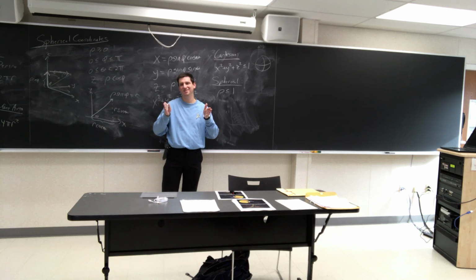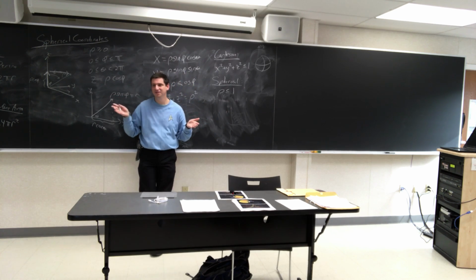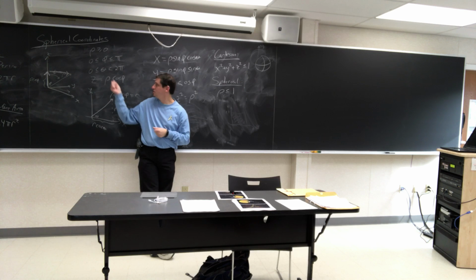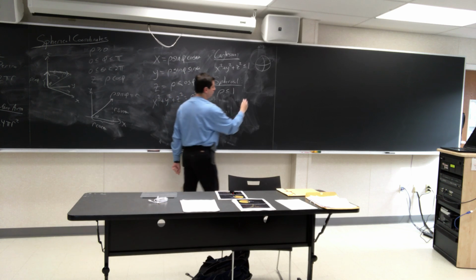If yes, then you're wrong, but you're close. It's not a cube, it's a rectangular box, right? Because theta is going to go from 0 to 2 pi. Phi is going to go from 0 to pi. So these two sides clearly can't be the same length. And then rho goes from 0 to 1. So in spherical coordinates, it's going to look like a box.